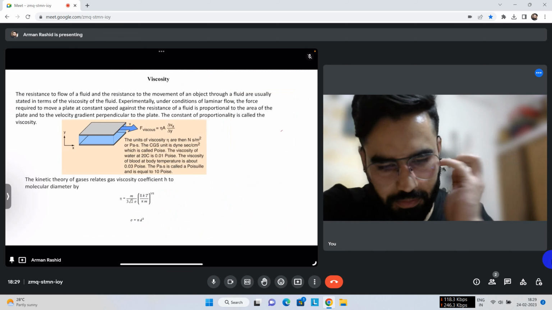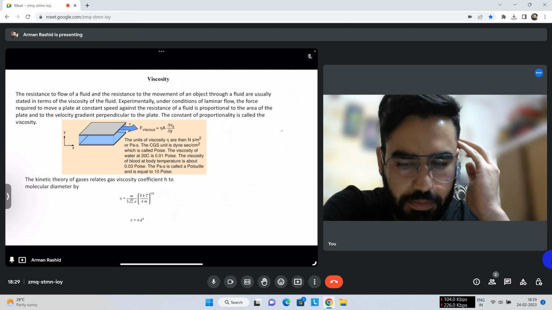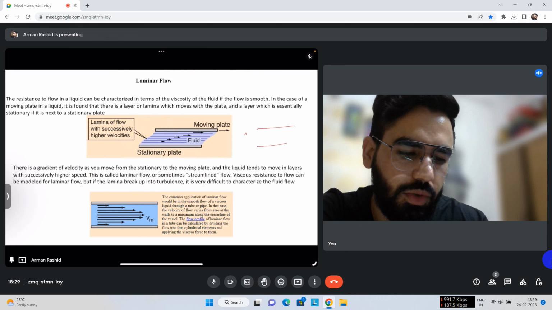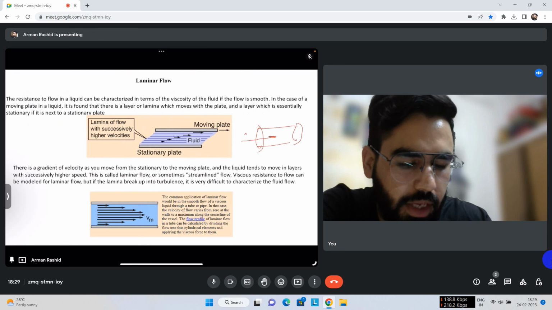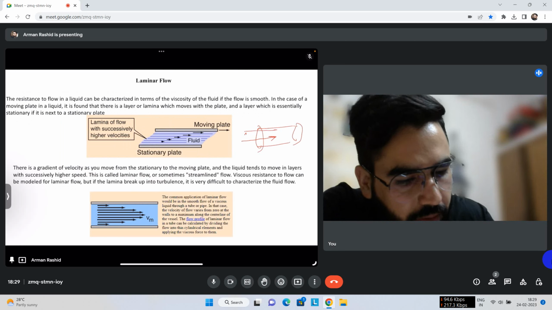If, for example, we have a liquid that is passing through a pipe, what will happen is that once we press the liquid from here, there will be a resistance to the movement of those liquid particles at the ends, because there will be some resistance offered by the wall.